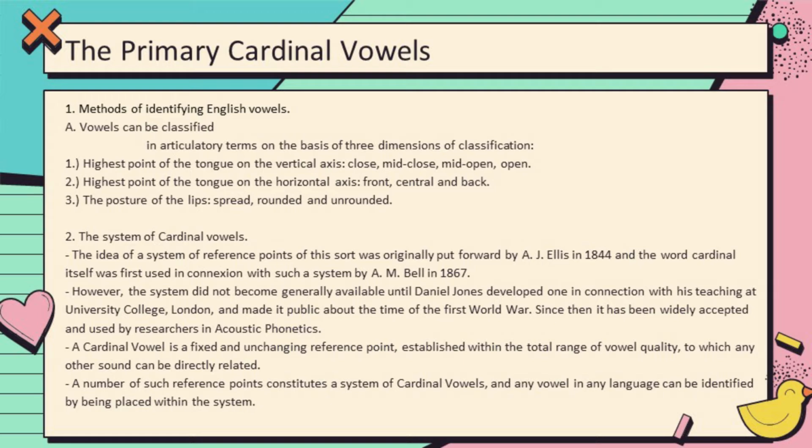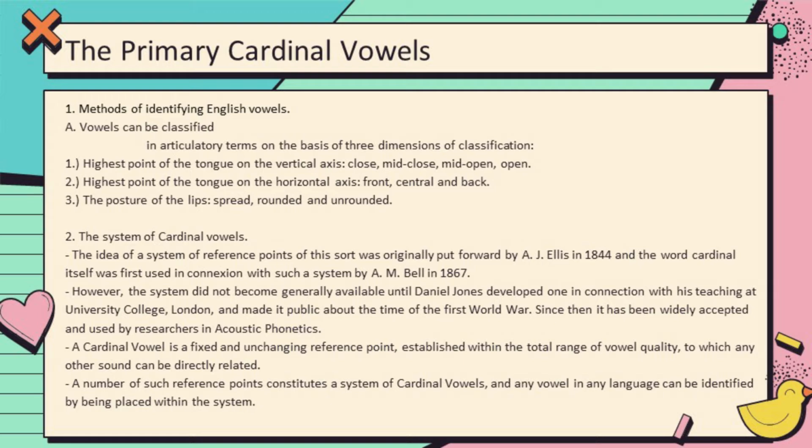However, the system did not become generally available until Daniel Jones developed one in connection with his teaching at University College London and made it public about the time of the First World War. Since then, it has been widely accepted and used by researchers in acoustic phonetics.